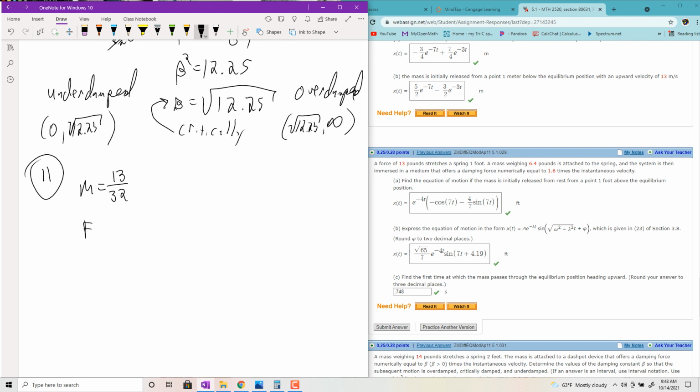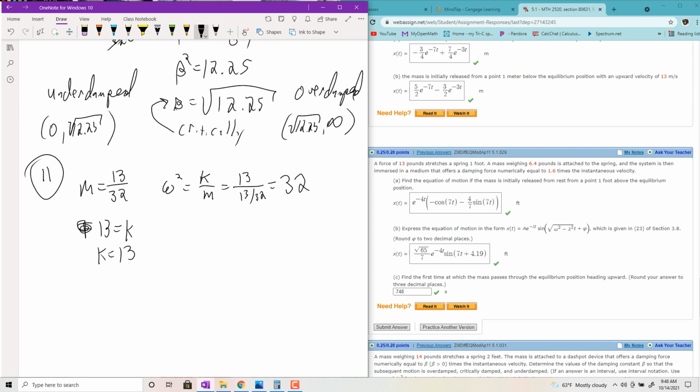For the K value, force, which is 13, will equal K times S. In this case, S is just 1, so K is 13. I need my omega squared. Omega squared, of course, is your K over M. So that will equal 13 all over 13 divided by 32. Taking reciprocals, that should just be 32.